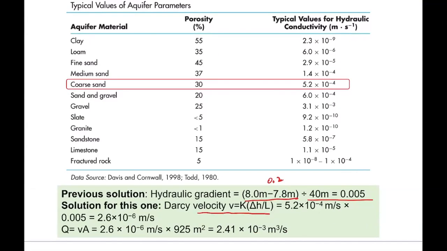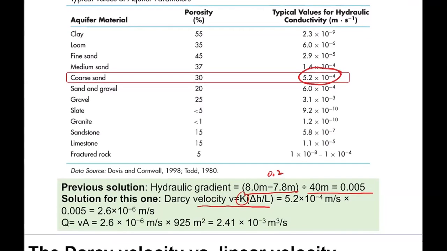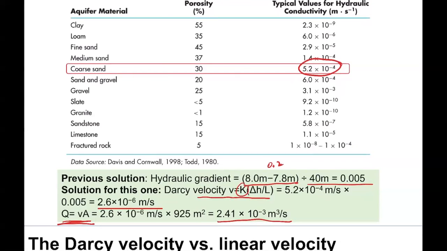We just multiply this gradient by the hydrologic conductivity. The conductivity is here, and we can find out that the groundwater velocity is this value. Further, by multiplying this value by an area, we can calculate the flow rate of the groundwater, okay? So you're going to have maybe 2 or 3 homework problems to practice this.